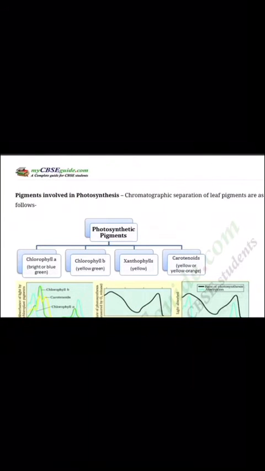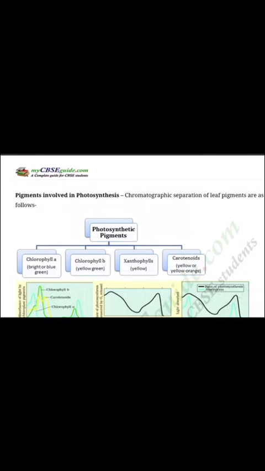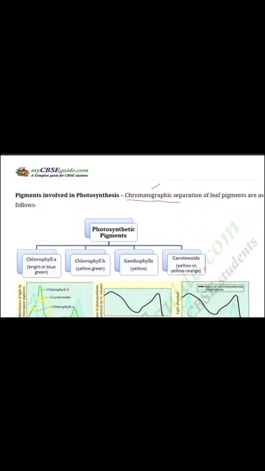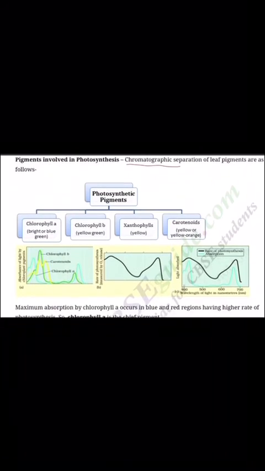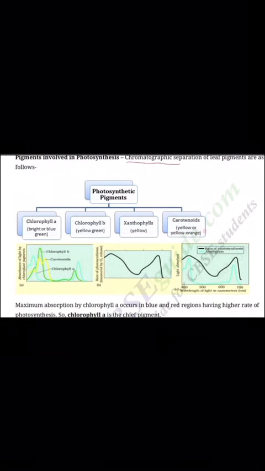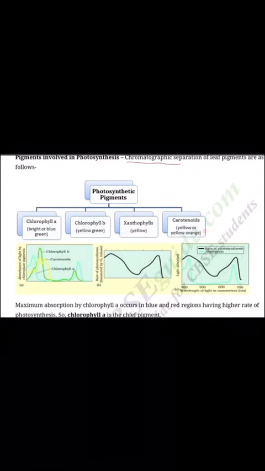And the pigments involved in photosynthesis, basically chromatographic separation of leaf pigments, are as follows. Of course, you will be doing this experiment when you come back to the lab. The chromatography experiment you will be doing, and with your own eyes you will see all the types of pigments that run through the paper.